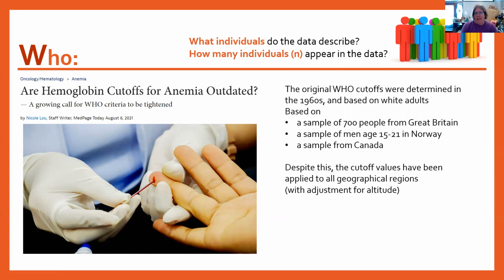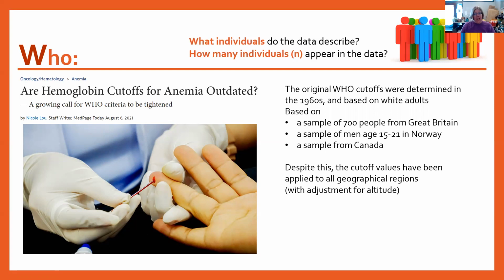And then a sample from Canada. And if you kind of dig into the demographics, you'll see the vast majority of people in here were white adults. So these cutoff values have been around for close to 60 years now. And really the only adjustment they've ever made is just basically for geographical reasons, because altitude can have an impact on the amount of iron in the blood.